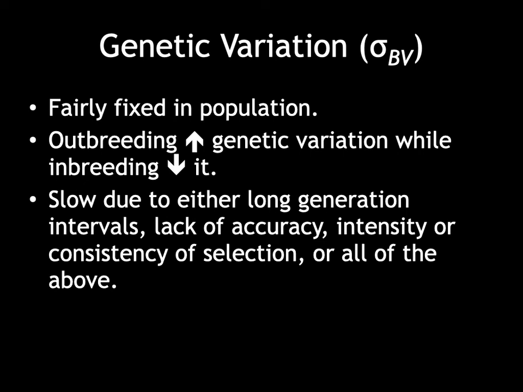The change in genetic variation is slow due to either long generation interval, lack of accuracy, intensity or consistency of selection, or all of the above. This will slow down the change in terms of genetic variation.